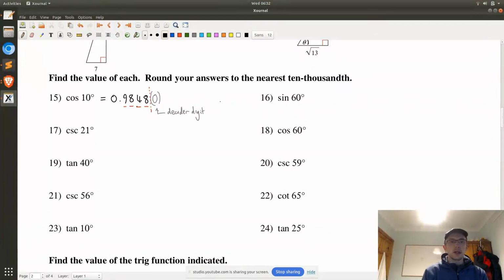This sort of rounding is just something that people forget the details of a little bit and they just kind of wing it, but that's fine. Anyway, sine of 60 degrees. This is a special one. This is known as an exact value. It's one of the few results that you're actually expected to know.